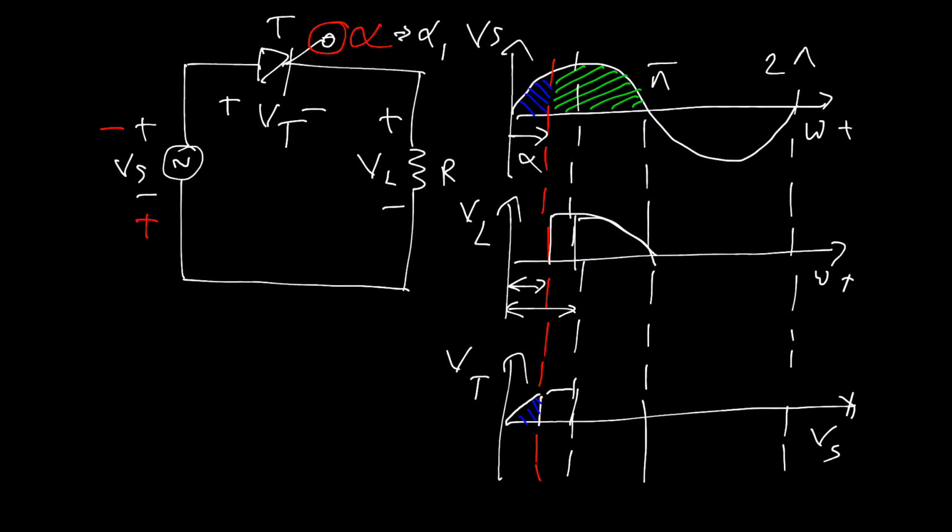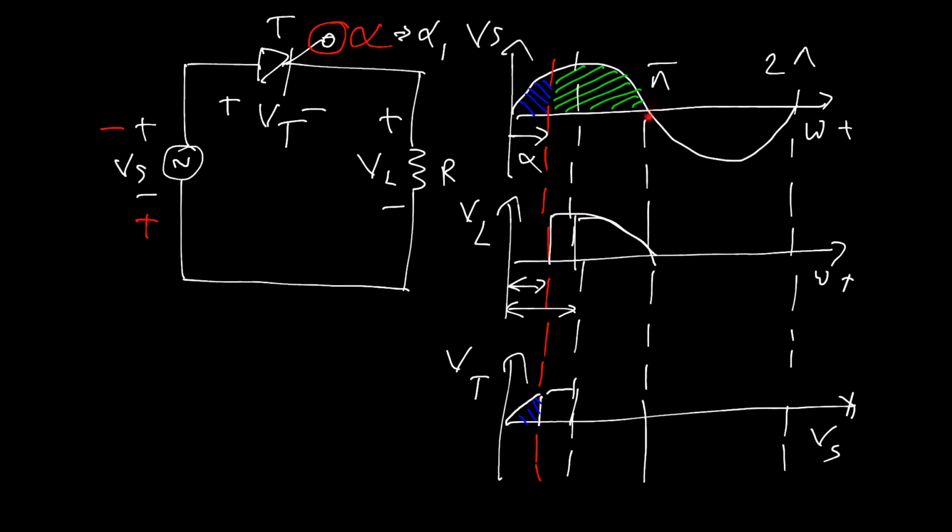That means current tries to flow from cathode to gate, and it can be maximum at exactly this position. As we know, the sine wave starts from 0 with very low magnitude, increases, and reaches the peak value at 90 degrees. The same thing happens in the next, negative half cycle.